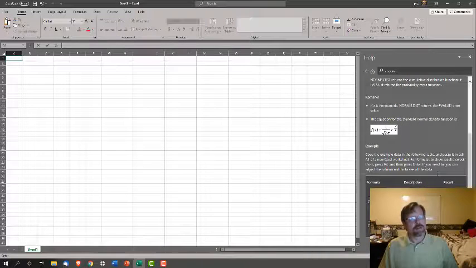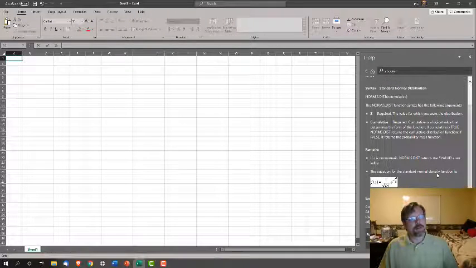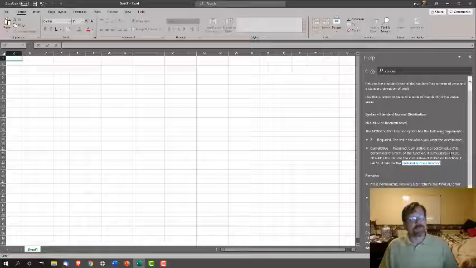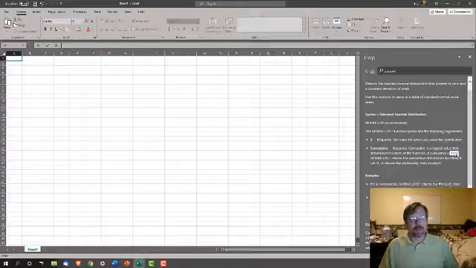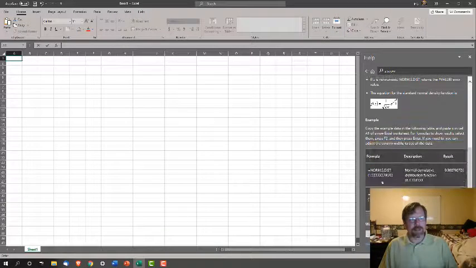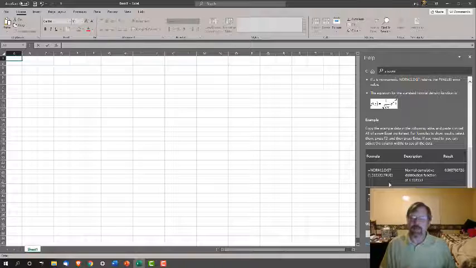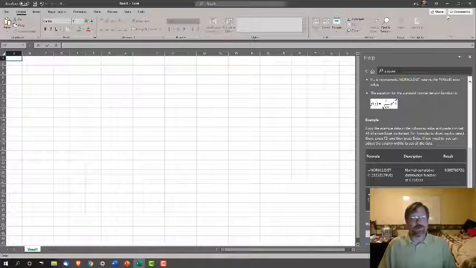I am not familiar offhand with the probability mass function, so that's something slightly different. For what we're talking about here, we'd set that at true, so you'd give it NORM.S.DIST, the z-value you're interested in, and true, and it will do the same thing as we just looked up in the table, or what I just skipped showing you on the calculator.